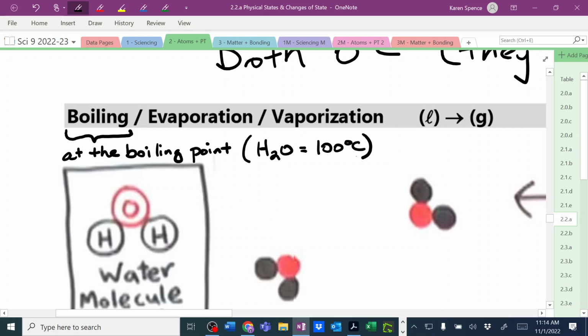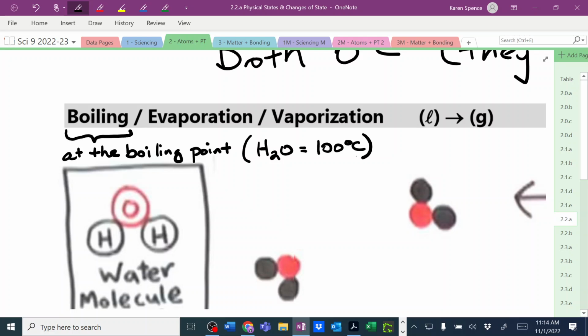No, if you have a puddle of water on the desk and you leave it there over the weekend, it's going to evaporate. Exactly. So evaporation can take place at any temperature. Do you remember when you saw those little water molecules coming off the ice?